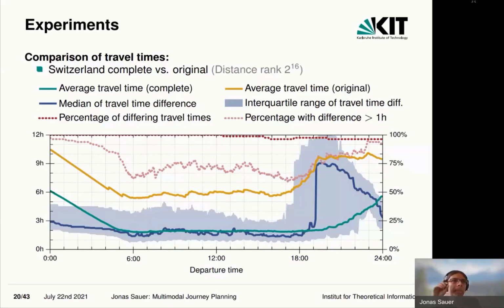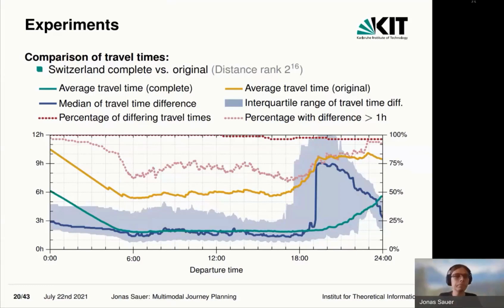So right now in the original network, we don't actually have anything in the graph that gives us locations that are outside of the public transit network. So all these queries actually already start at a stop in the network.